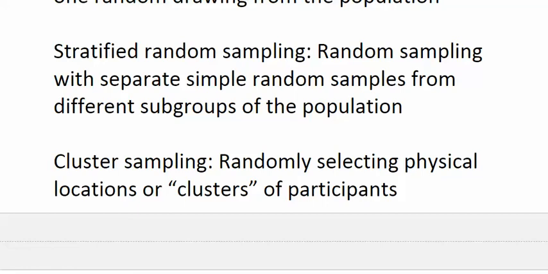You shake it up and you take out, let's say, 3 buildings, and you then visit those 3 buildings to get participants. The 3 selected buildings would be your 3 selected clusters, and the hat that you took them from includes all possible clusters, which in this case are buildings.